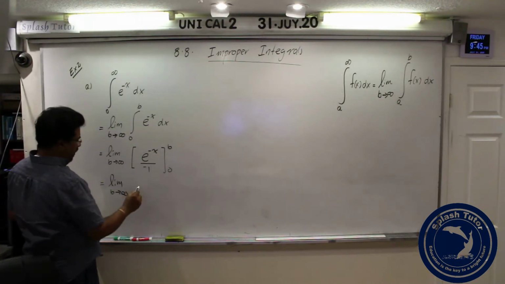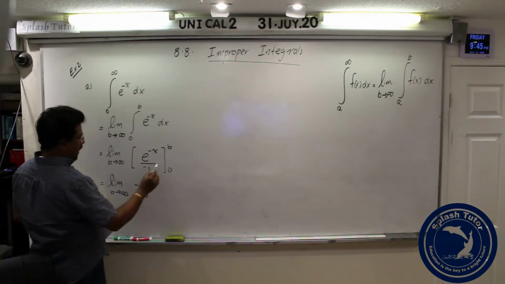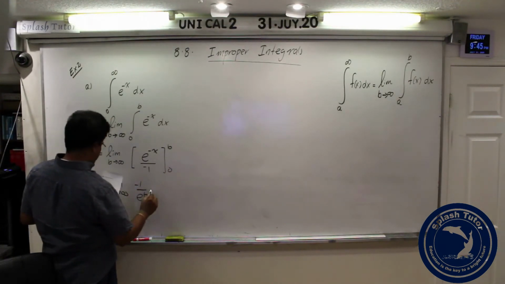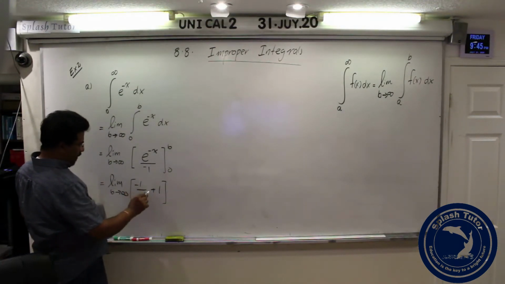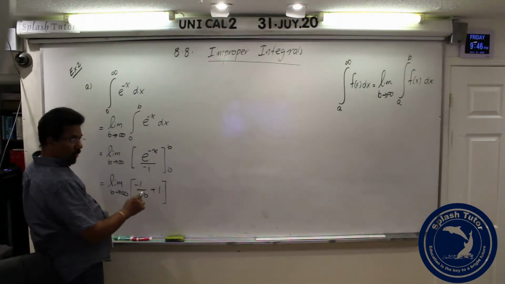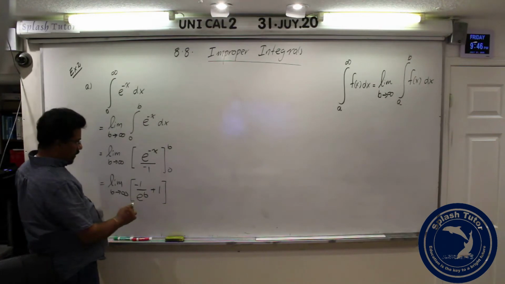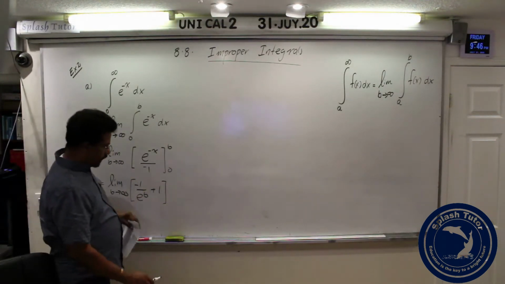That is minus 1 over e to the power b, right? If you put in 0, it is minus 1, so plus 1, right? Now if b goes to infinity, what will happen to this guy? Here, 1 over infinity is 0, right? 1 divided by infinity is 0, so 0 plus 1, the answer is 1, right?